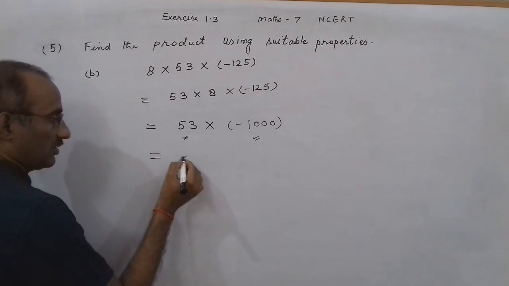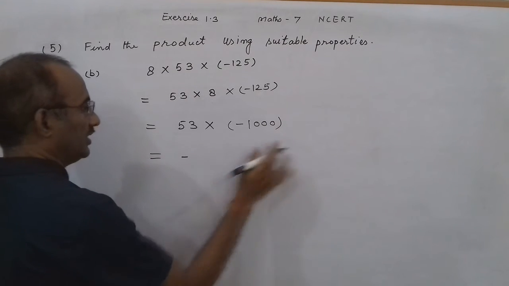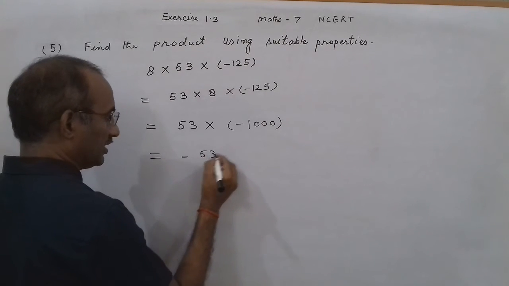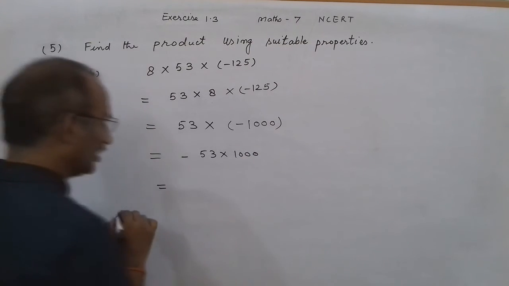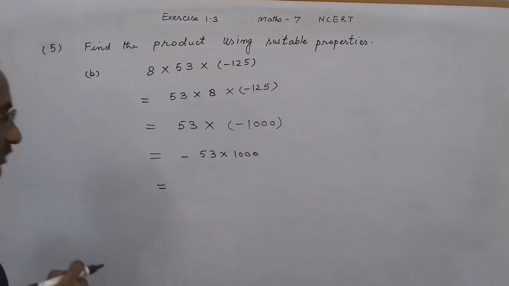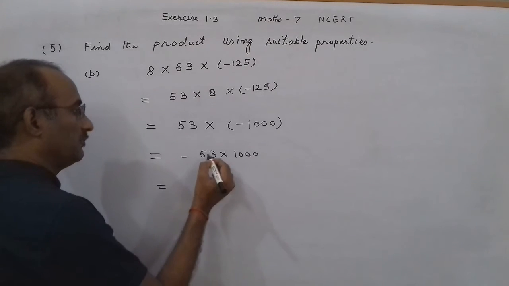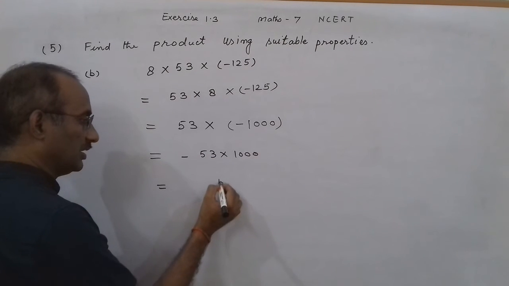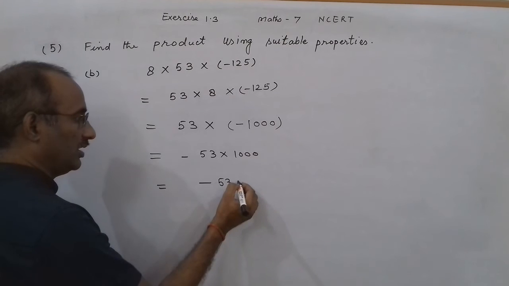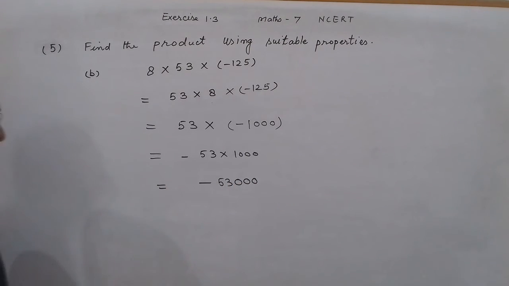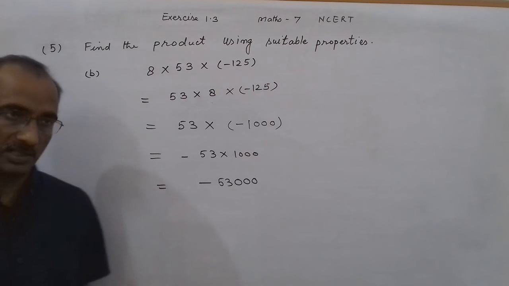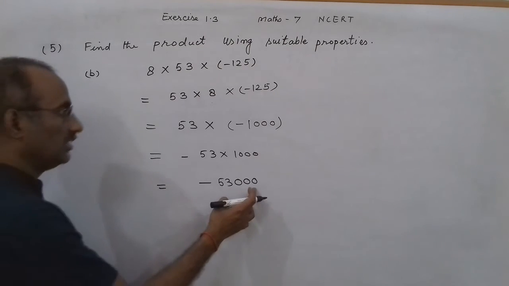So here we write minus and then we multiply 53 with 1000. It is very easy to multiply 53 with 1000. 53 ones are 53 and we put 3 zeros. So our answer is minus 53,000.